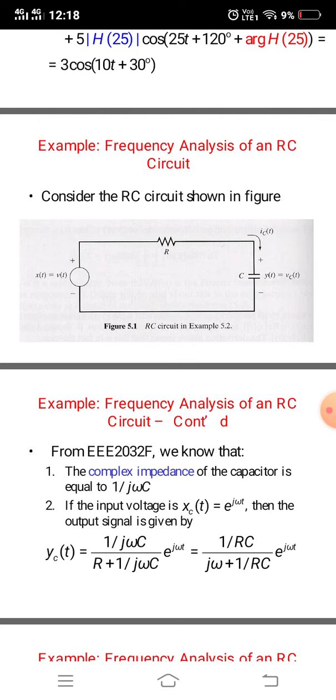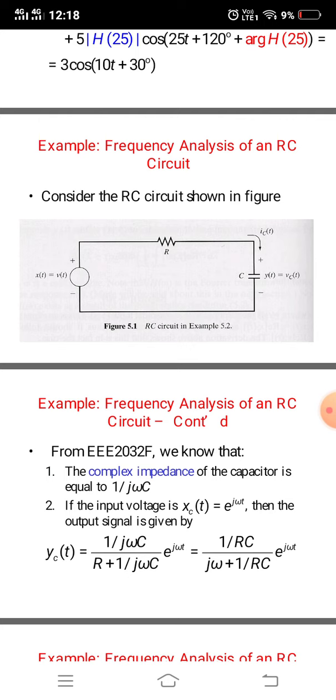So we know xc of t equals e power j omega t and the capacitor impedance is 1 by j omega C. Now we derive the output yc of t equal to 1 by j omega C divided by R plus 1 by j omega C, times e power j omega t.